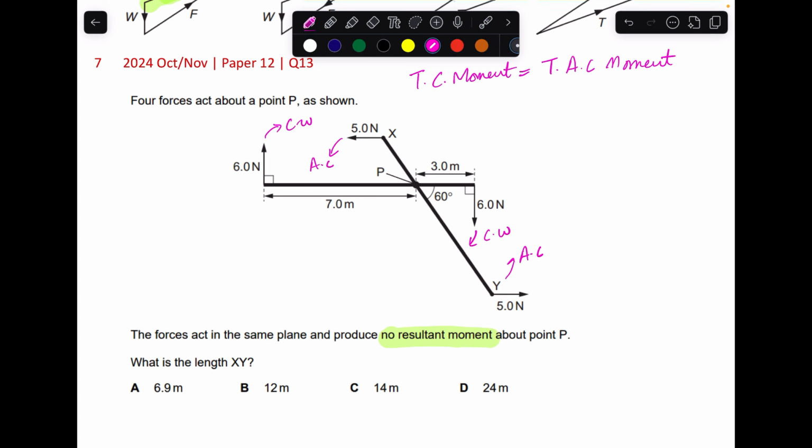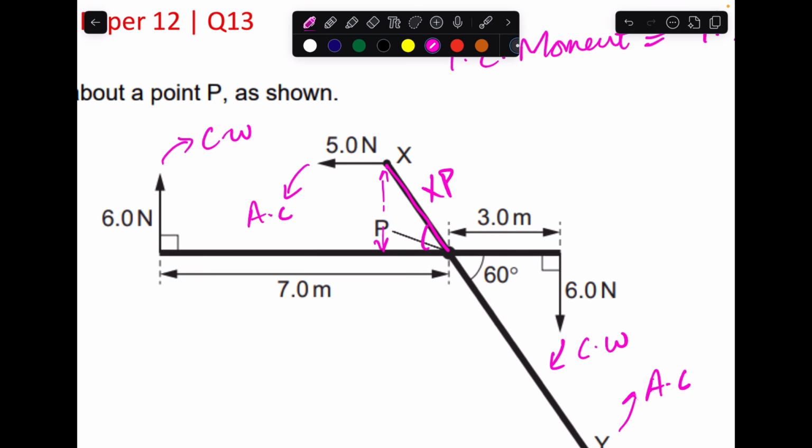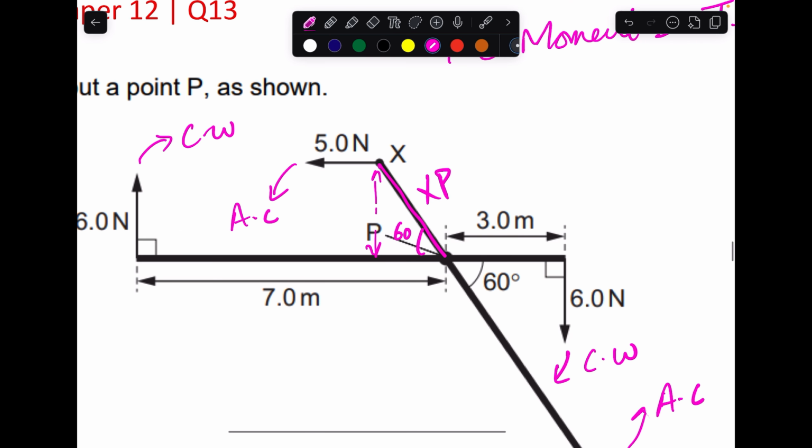I'm going to find out this one first. If this is P, I'm going to call this XP. If this is 60, this will also be 60. So this distance will be equal to XP sin 60.